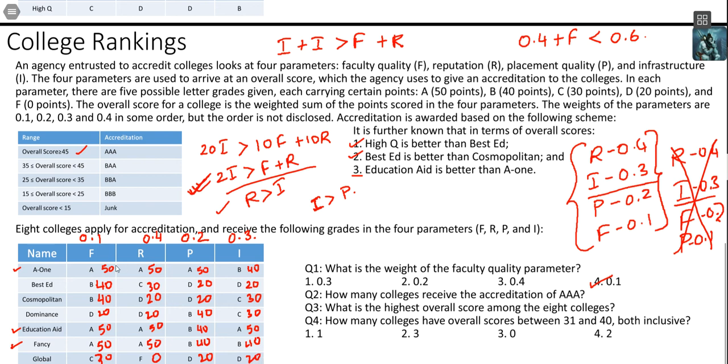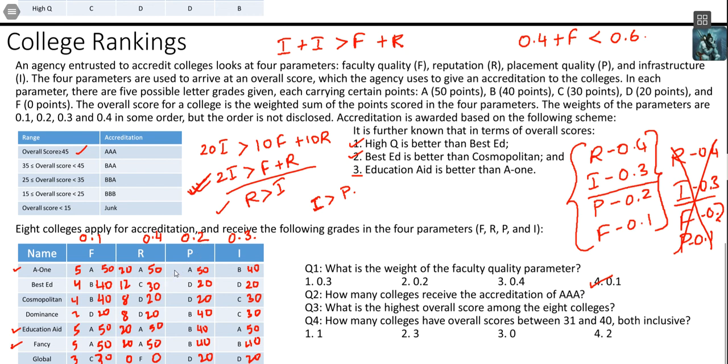Let's work it out. I've written down the numbers right next to them. So 0.1, simply write down 10% of them on the left hand side. 5, 4, 4, 2, 5, 5, 3, 3. 0.4 is 2 by 5 of this. So 2 by 5. So 20, 12, 8, 8, 20, 20, 0 and 8.